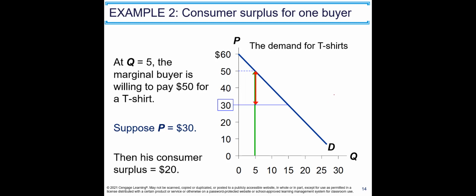In this case, there is one buyer whose willingness to pay is 50 and the price is 30. This buyer thinks that he gets a $20 bargain. Then his individual consumer surplus is 20.